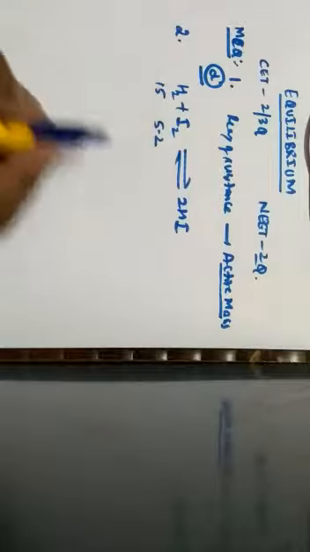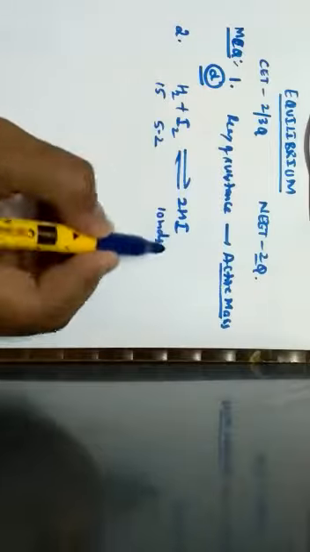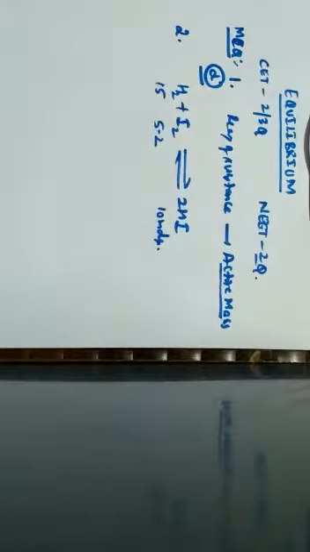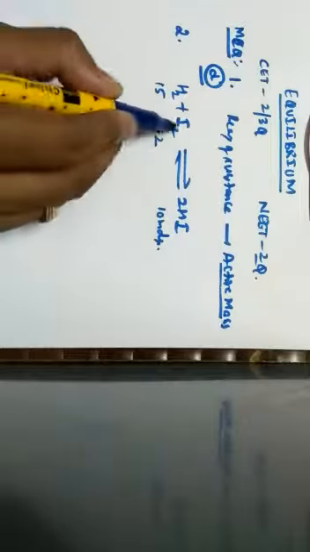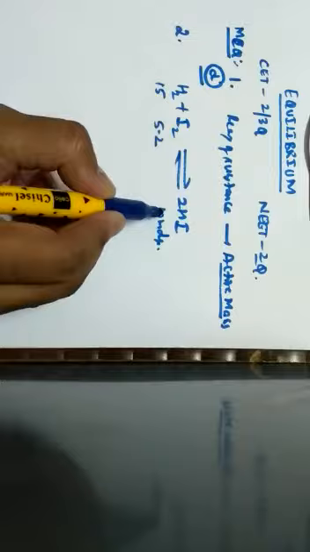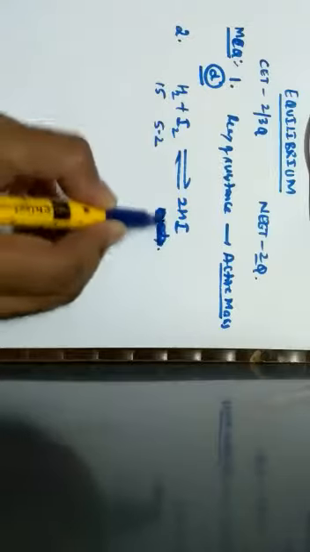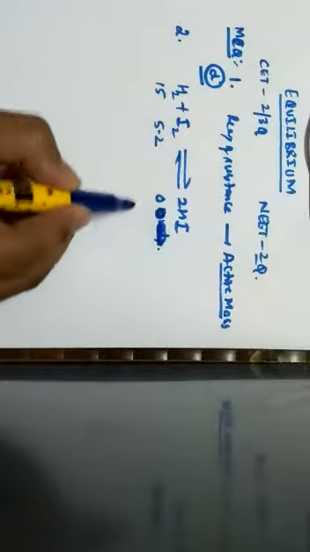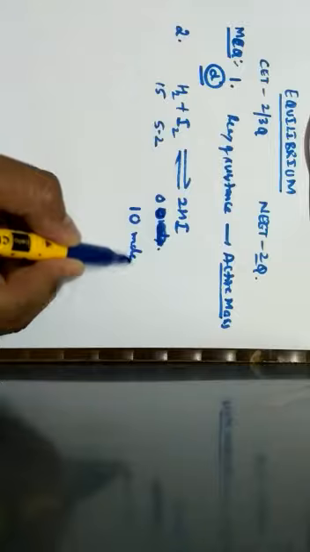At equilibrium, the concentration of HI is found to be 10 moles. Now, initially, when hydrogen is 15 moles and iodine is 5.2 moles, the total number of hydrogen iodide formed is 0 moles. So finally they are telling that at equilibrium the number of moles of HI is how much?